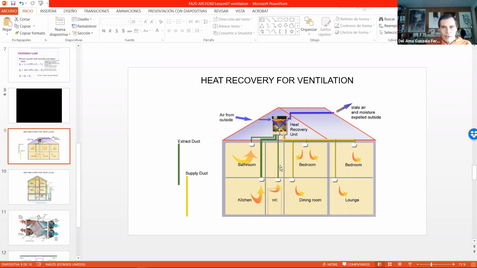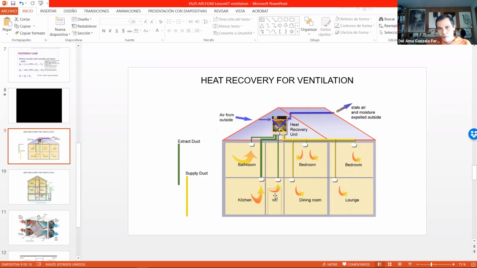Okay, so we are designing small buildings, single family houses. So we need to find a place for the heat recovery. It's not that big. So if we have an attic or a basement, we can have this element. But then we have to make sure that from this heat recovery, we have a duct to each different room, I mean bedrooms and living rooms or dining rooms.